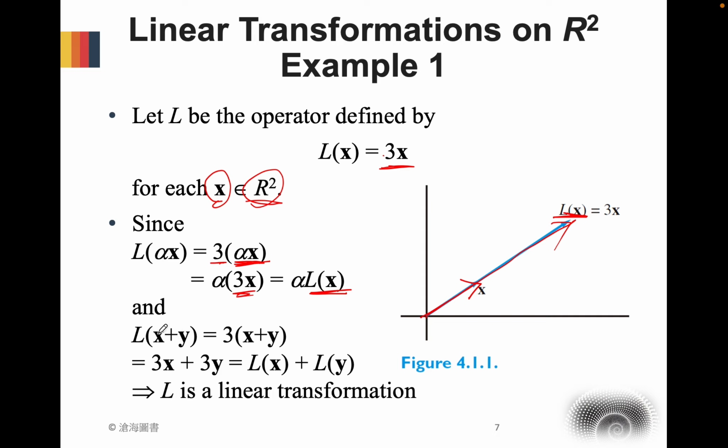If we have inputs x and y and we add them together, x plus y, and we do this transformation, it becomes 3 times x plus y, which is equal to 3x plus 3y. That is equal to Lx plus Ly, right? So the mapping L satisfies this property and this property. Therefore, the mapping L is a linear transformation.